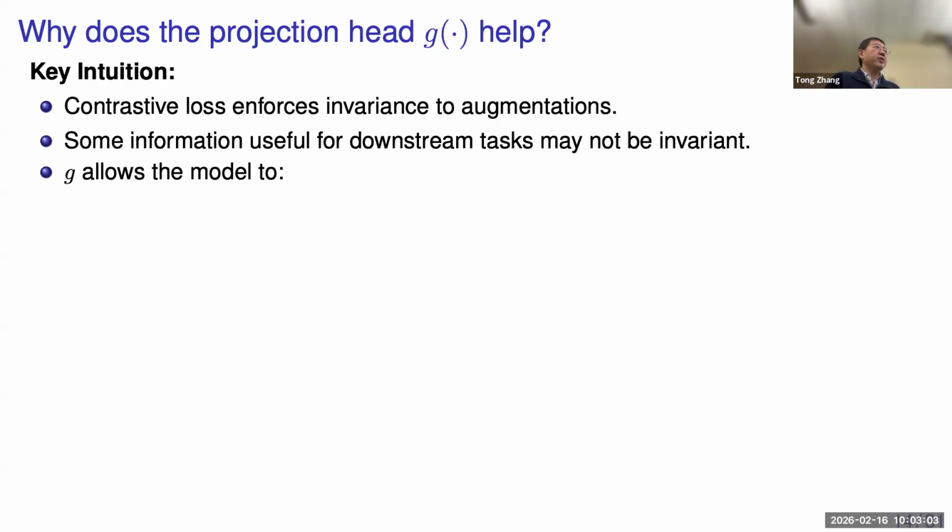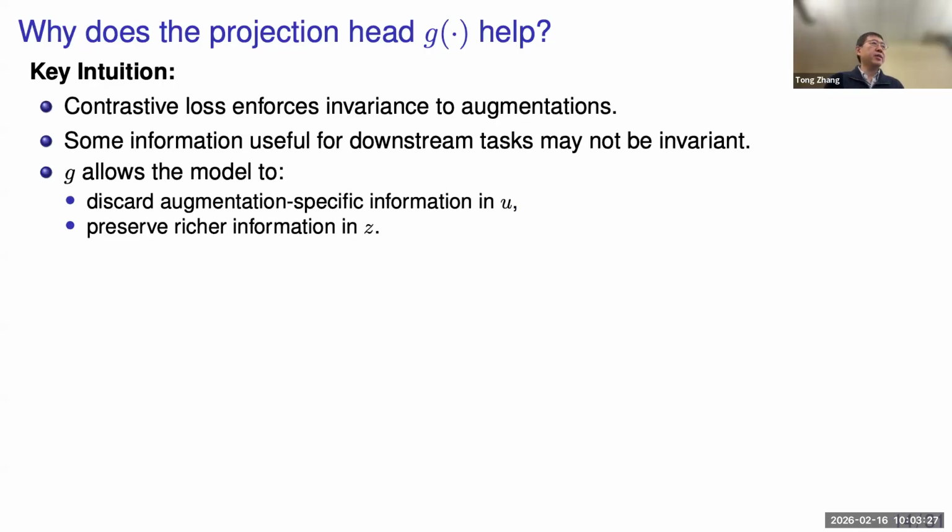Actually, one thing to observe is that some information used for the downstream task may not be invariant. So this causes a problem. Basically, when you say I only want invariant ones, then you are giving away too much.